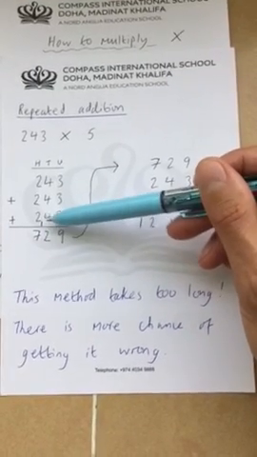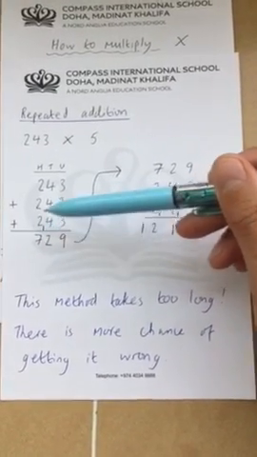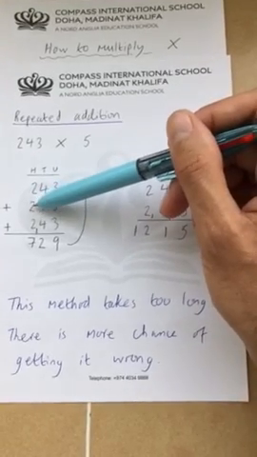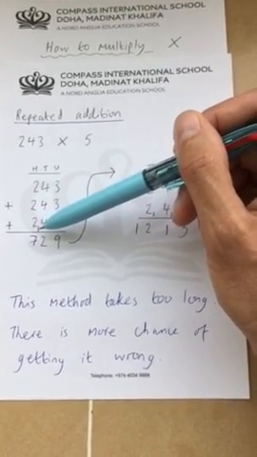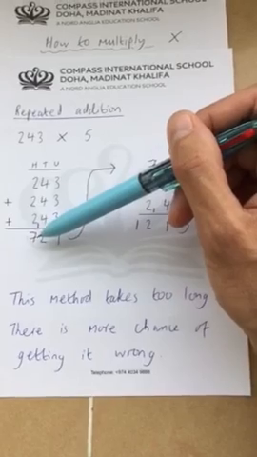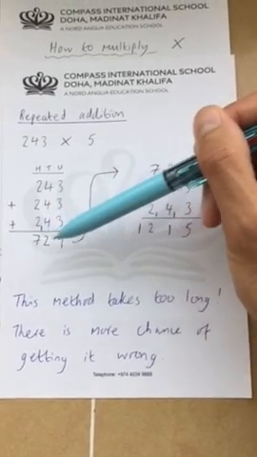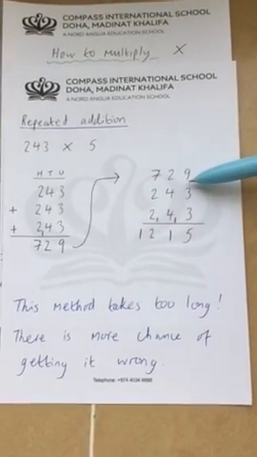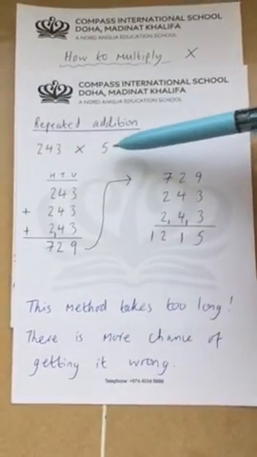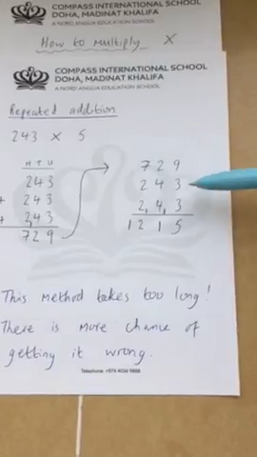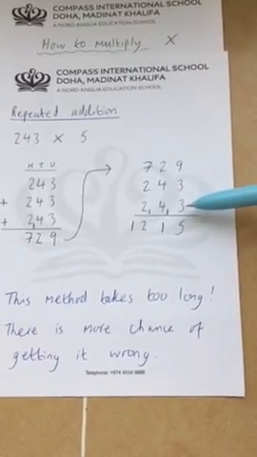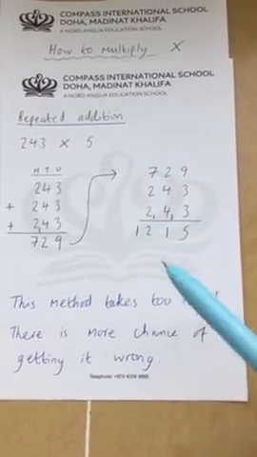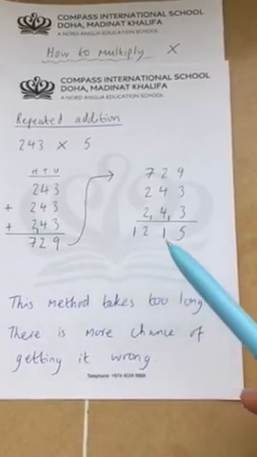So 2 tens go there and I carry 1. And then 2 hundreds plus 2 hundreds plus 2 hundreds plus the 1 that I carried equals 7. So 729 then comes over to the next column and I add the 2 that I haven't yet done. 243 and 243, the same process, and my answer ends up being 1,215.